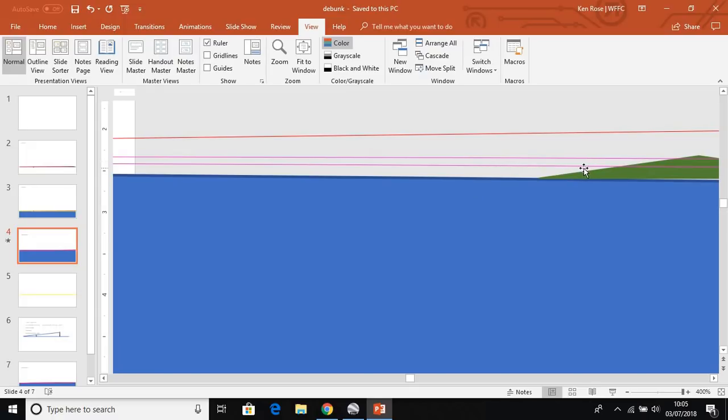Now, the pink lines that are drawn in here are curved lines, and they are designed to indicate how a bit of refraction could affect light reflected from the island towards the camera. The top line is a little bit below the top of the green triangle, the island, and the second pink line is somewhat further down.